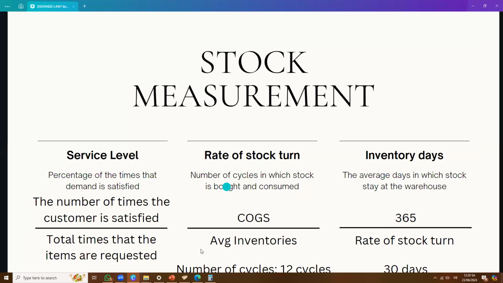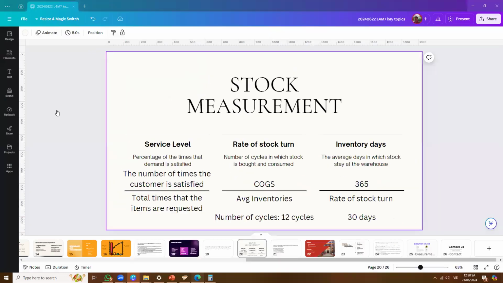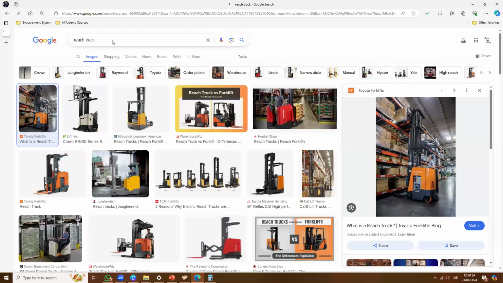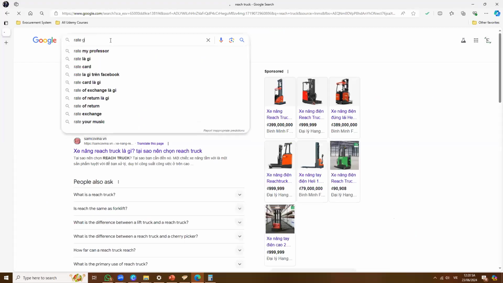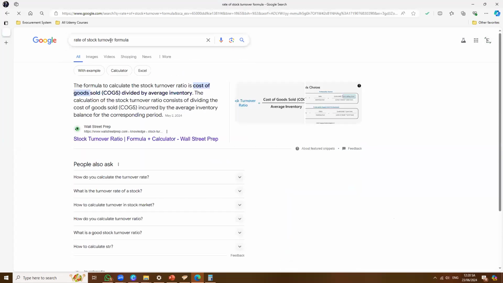Okay, I can just double check that for you. Yeah, they can call it the rate of stock turnover. It's the same thing.